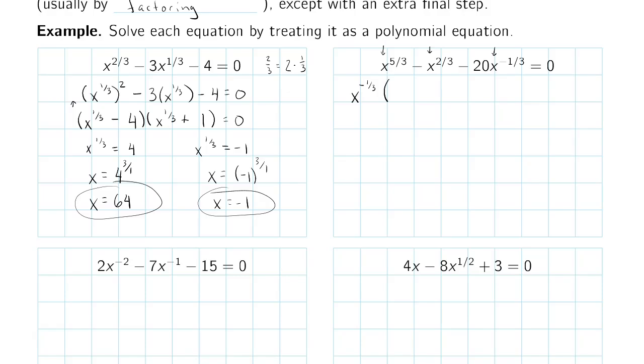When I do that, I'm going to subtract negative 1/3 from each exponent.